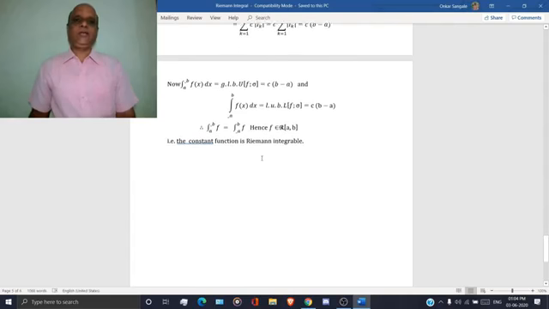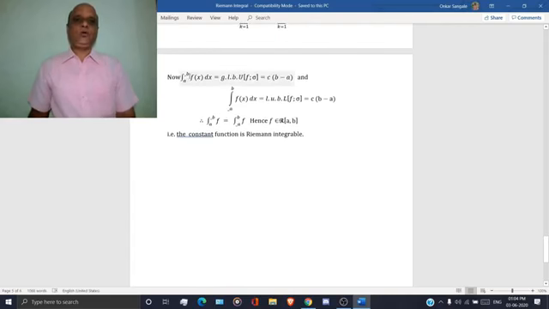Now by definition, the upper integral from a to b of f of x dx is the greatest lower bound of the upper sums for f corresponding to subdivision sigma, and clearly it is c times (b minus a). The lower integral from a to b of f of x dx is the least upper bound of the lower sums for f corresponding to subdivision sigma, and this is again c times (b minus a).